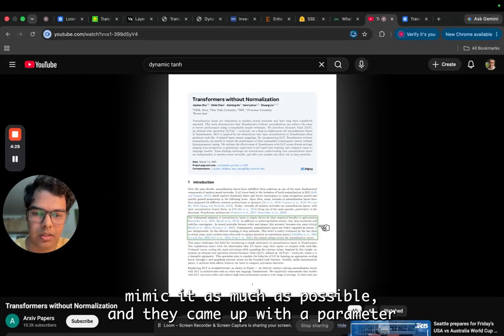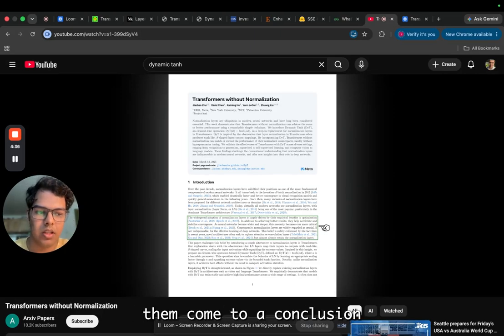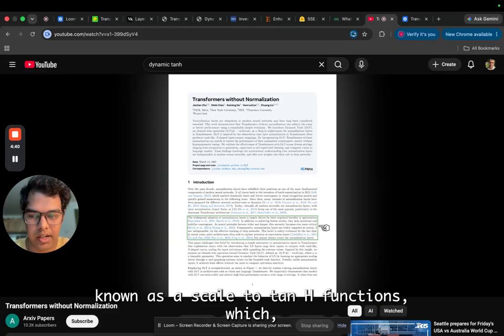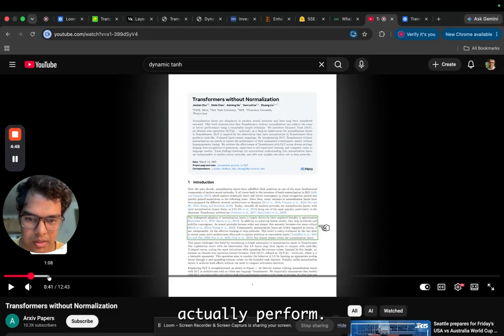They came up with a parameter known as alpha, which leads to a scaled tanh function, which is very accurate to what normalization layers actually perform.